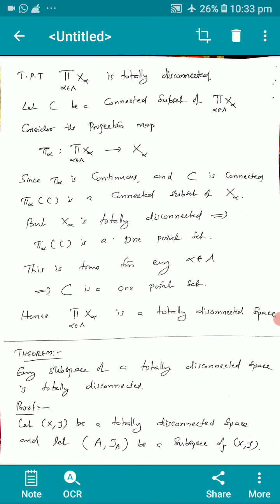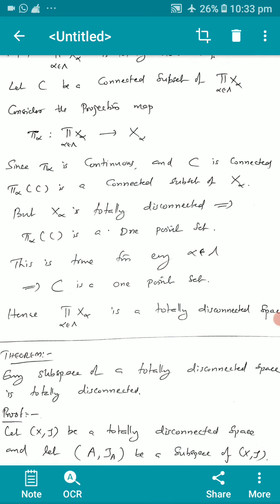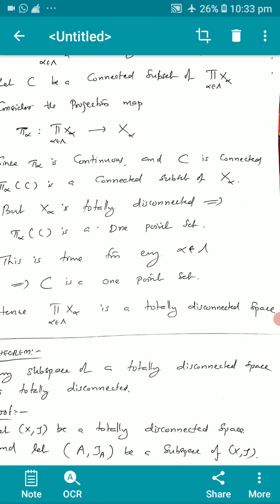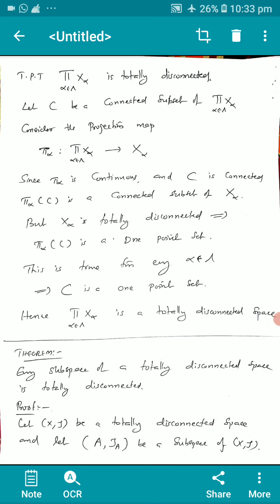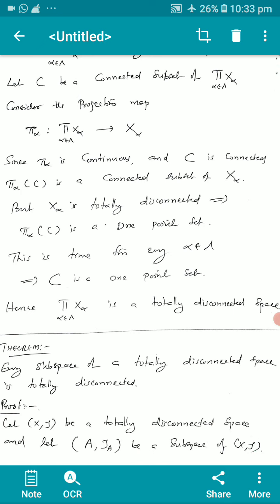Consider the projection map pi_alpha from the product space to the individual space X_alpha. Since pi_alpha is continuous and C is a connected set, then pi_alpha of C is a connected subset of X_alpha.